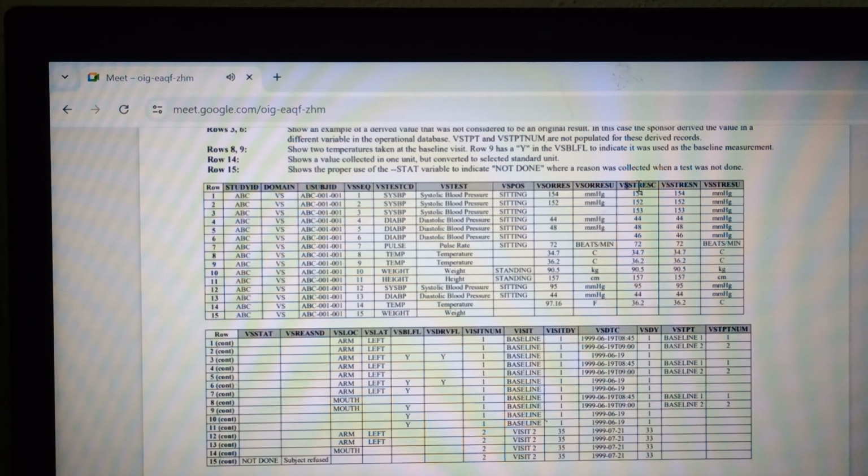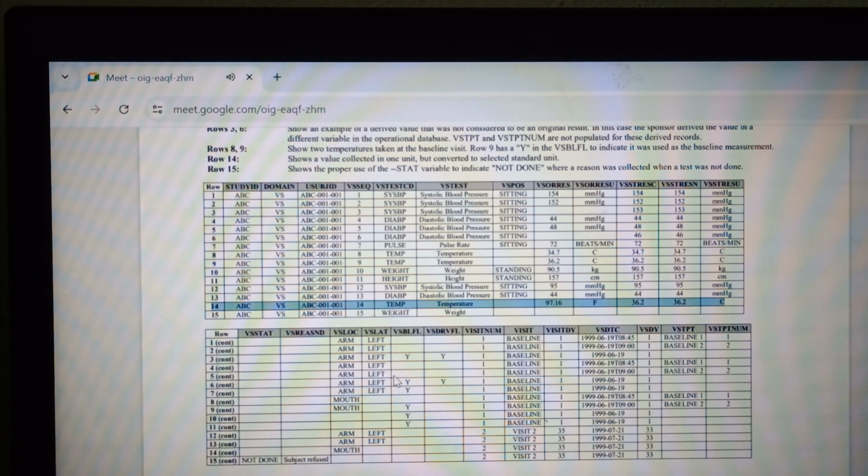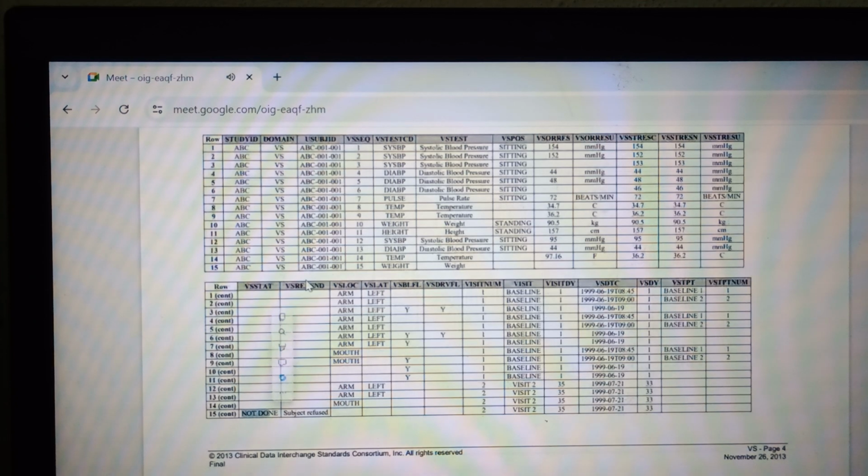But when it comes to the standard results, this Fahrenheit is converted into centigrade. So the original result is 97.16, the standard result numeric and character is 36.2, and then the standard result units are centigrade. This is the conversion factor that I have explained. Okay. And then the status, if there is any record not done, then what is the reason?